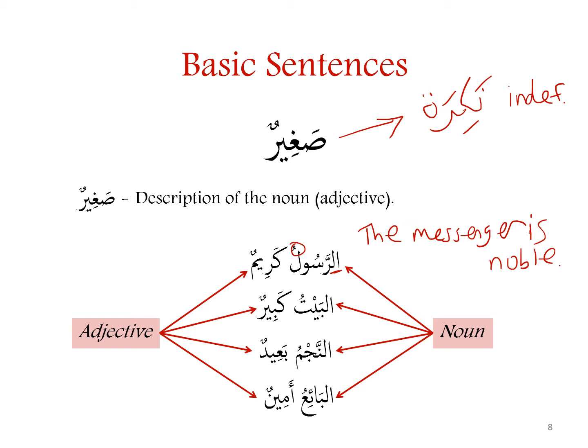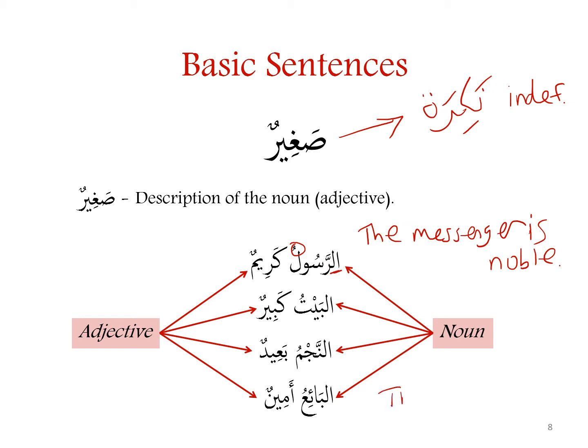This example here, al-baytu means the house, kabirun means big or large. So I would say the house is big. An-najmu means the star. Ba'idun means far. Ba'id is a sifa. It means far. So the star is far. Al-ba'i'u means the trader or the seller.